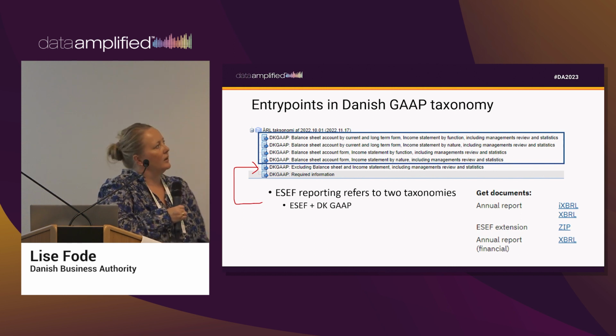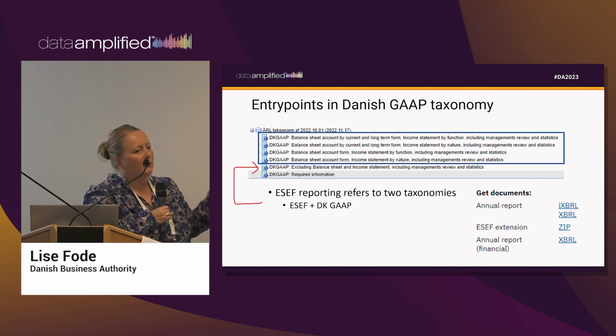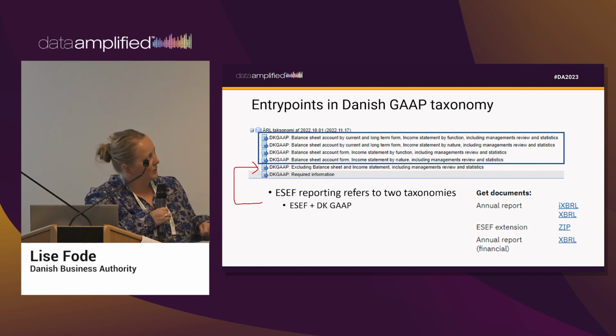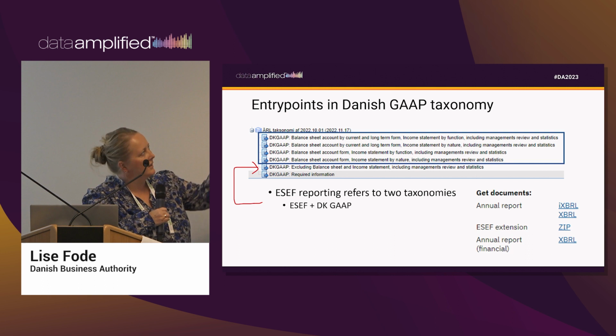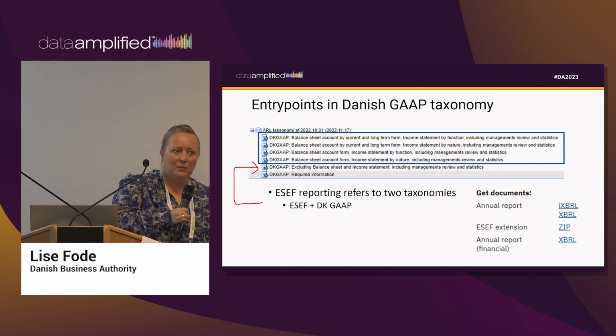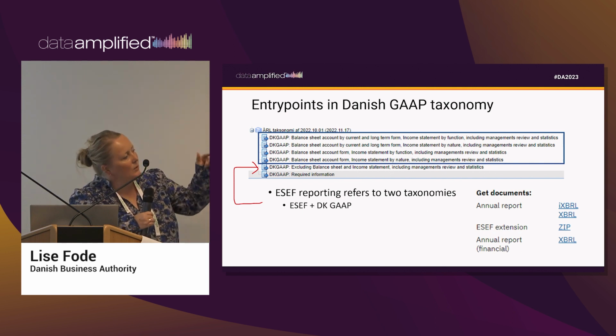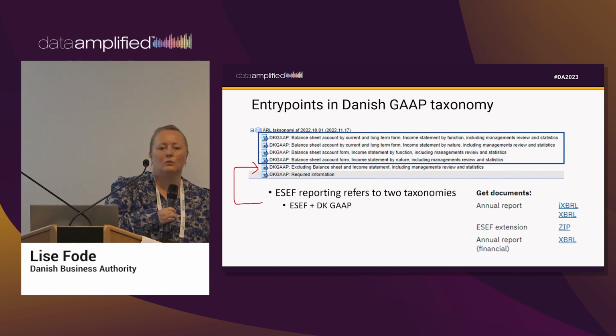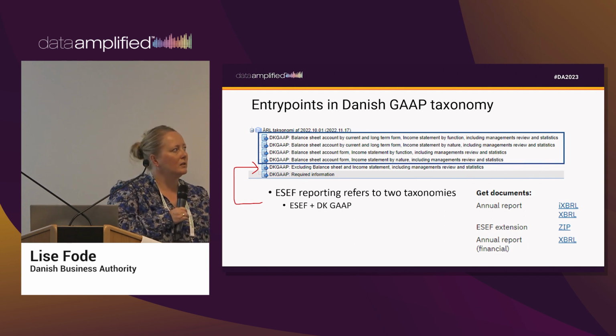If you are a listed company in Denmark, you have to report using 2 taxonomies: the ESEF taxonomy and the Danish GAAP taxonomy using this entry point. And when we make the annual reports public, you can see we have the annual report in the inlineXBRL document, but we also extract 2 XBRL documents, one with all the data coming from the ESEF taxonomy and one with the Danish GAAP information.